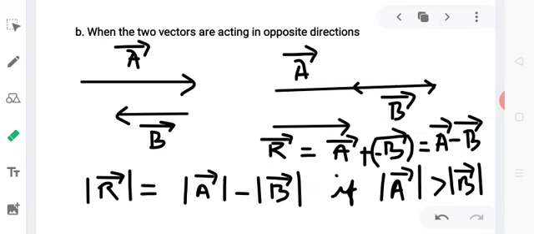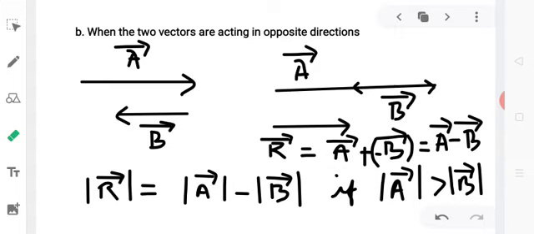Coming to the second case, when two vectors are acting in opposite direction. Again, as you can see in the picture, let vectors A and B be acting in opposite direction. To find the resultant, coincide the tail of B on the head of A. Then the single vector R drawn from the tail of A to the head of B gives the resultant vector.